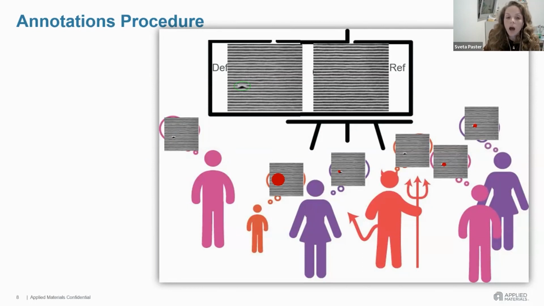Since our annotators are human, it's natural to make mistakes, right? And if it's different annotators, it can also lead to inconsistency in the labels. This is the first noise that we have in our labels.